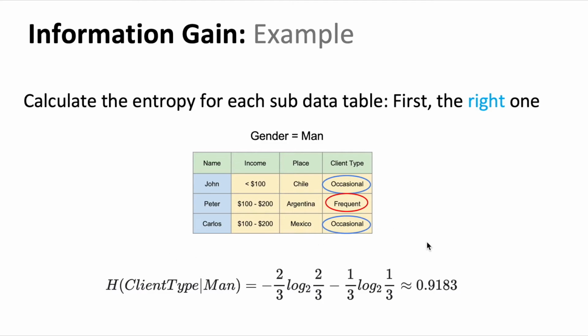We can see that we obtain 3 rows, 2 of them belong to one class and 1 to the other. So using the entropy formula, in this case the entropy of the class given that the gender is man, we have minus 2/3 log of 2/3 and minus 1/3 log of 1/3. This is 0.91. Again, it's not a good number, and it makes sense because out of 3 rows, 2 of them belong to one class and 1 to another.